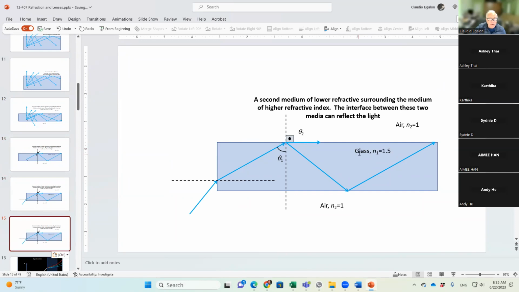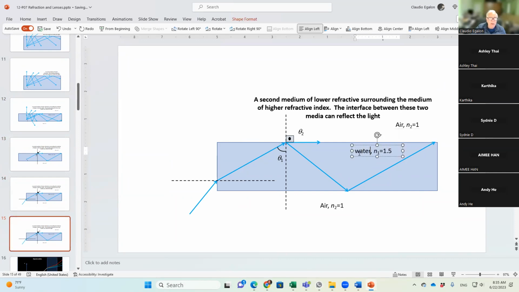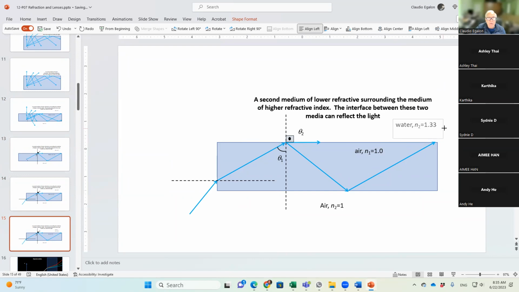So let's say instead of glass, we have air here, refractive index 1.0, and we have water here, refractive index 1.33. What's going to happen?